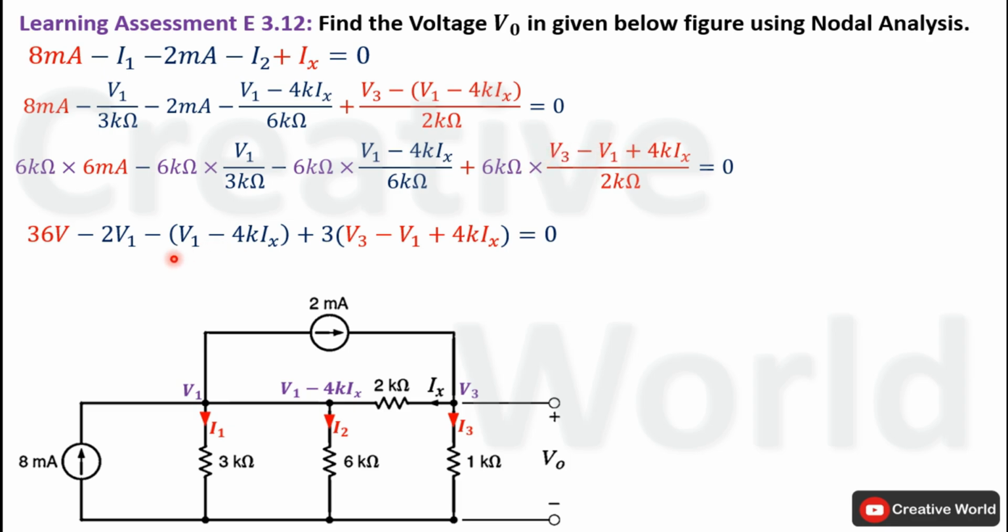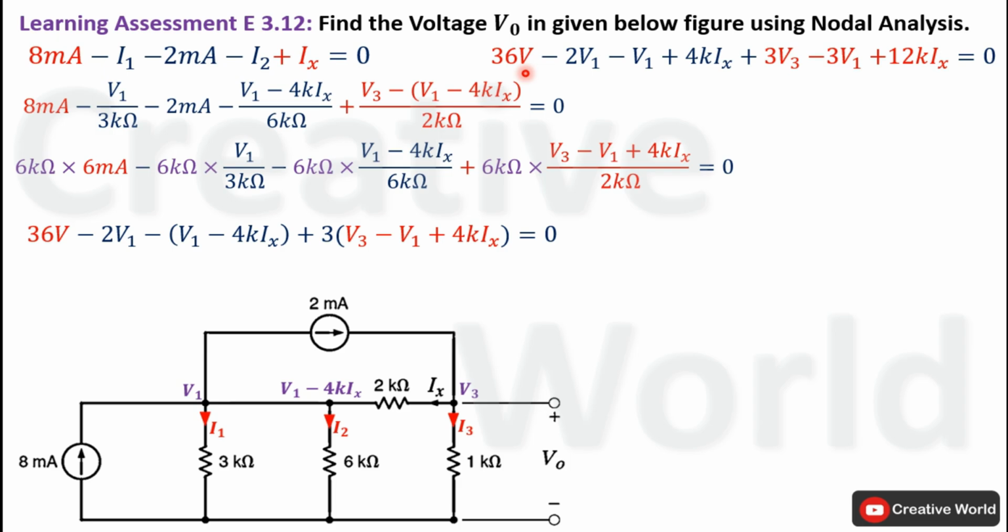Now open these brackets, this minus will multiply with values inside the brackets, it will become minus V1 plus 4k times Ix. Similarly, this 3 will multiply with values inside the brackets, it will become 3V3 minus 3V1 plus 12k Ix.